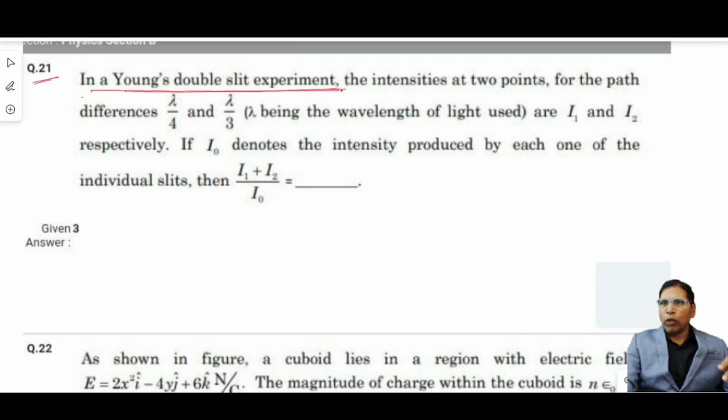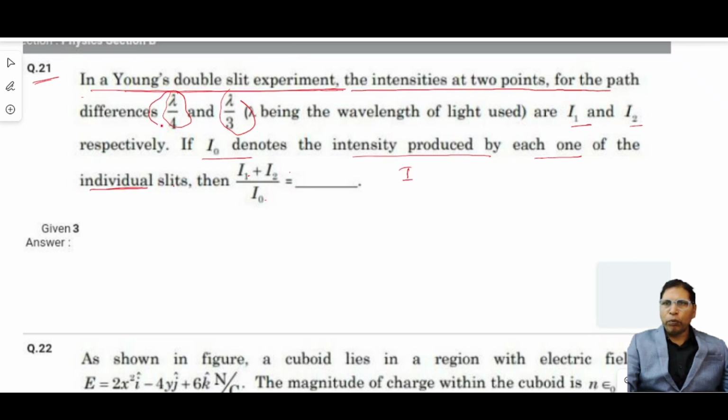In a Young's double slit experiment, the intensity at 2 points for the path difference lambda by 4 and lambda by 3 is I1 and I2 respectively. I0 denotes the intensity produced by each one of the individual slits, then find (I1 plus I2) by I0. Now first of all we have to calculate I1.